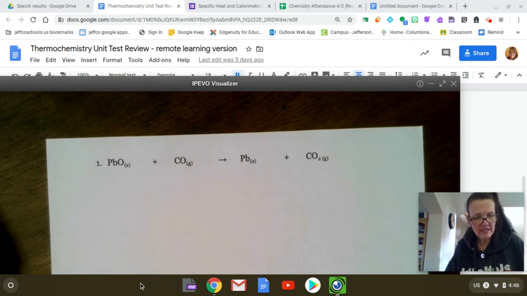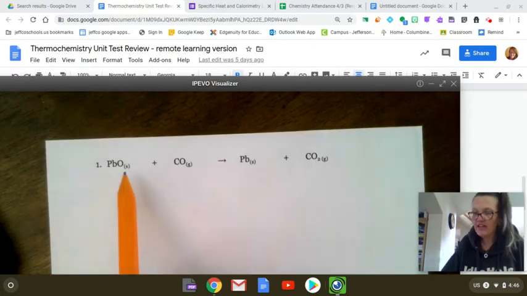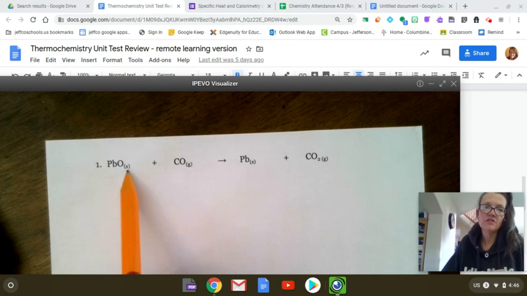I probably should have done that ahead of time because this is going to take a minute. We go to the lead section. Remember that it's in alphabetical order by the first element. It is very important that you keep track of the symbol, which means solid, liquid, or gas, the state that it's in, because some of them have different values for different states.